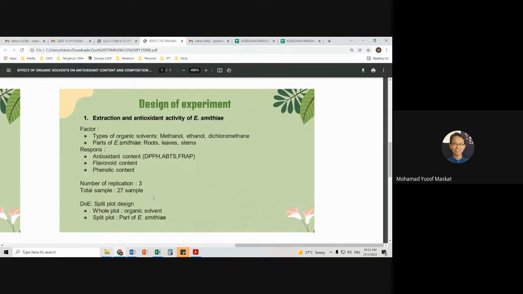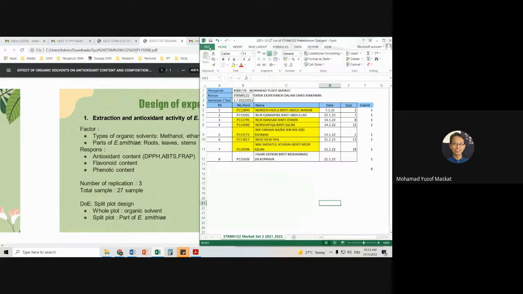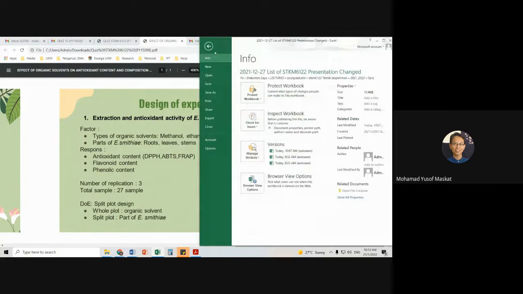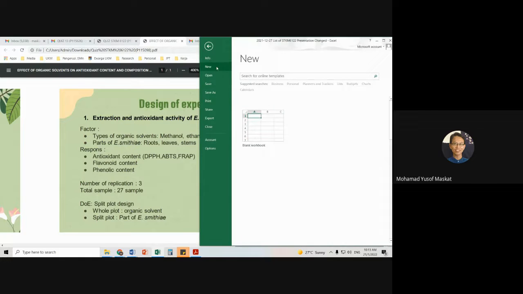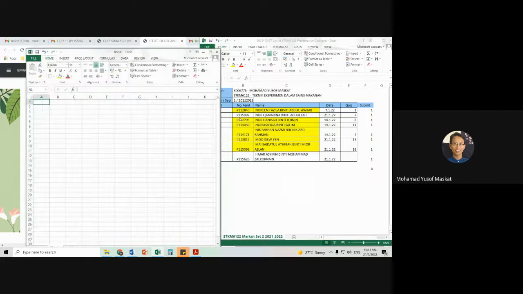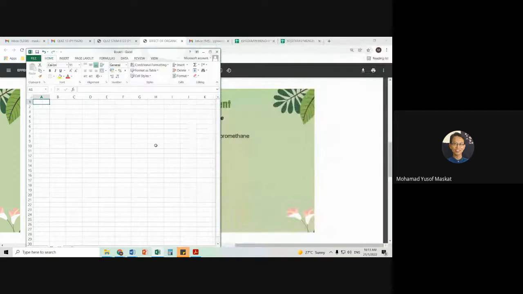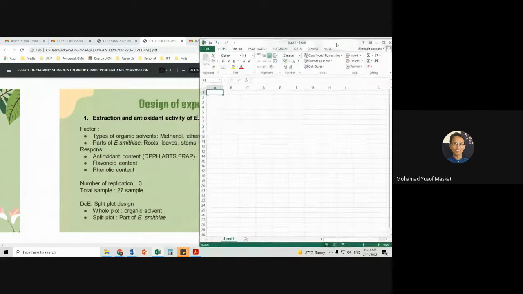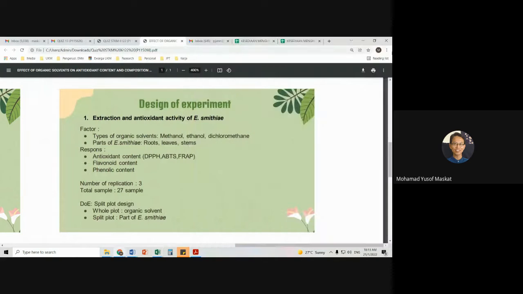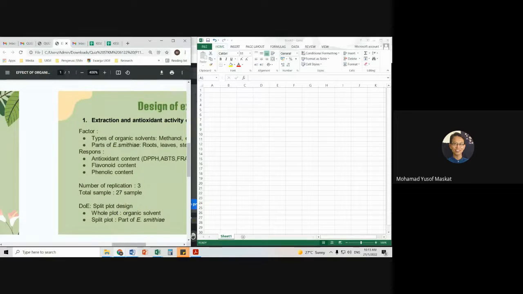So regarding the split plot, I'll show you a preliminary way of doing it. So this is a split plot. Why?